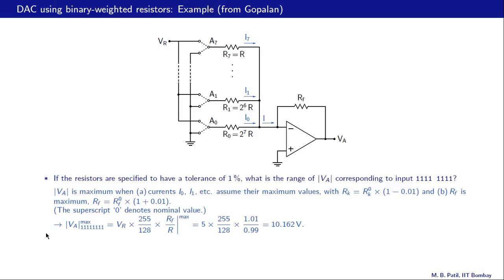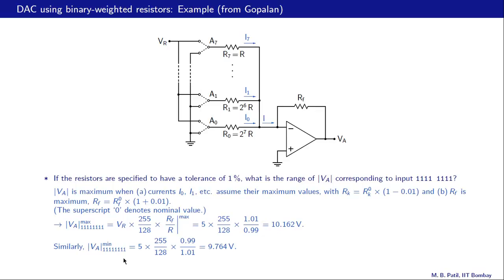So the maximum value of mod VA for this condition is then PR times 255 by 128, this we have seen earlier, times the maximum value of this ratio, RF by R. That means 1.01 divided by 0.99. Because their nominal values are equal, they cancel out, and that gives us 10.162 volts.